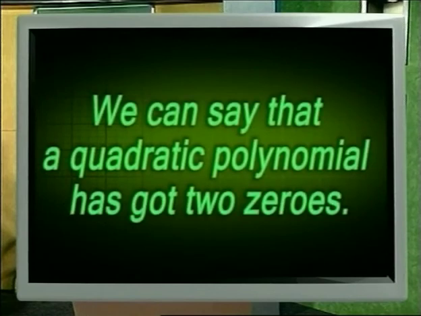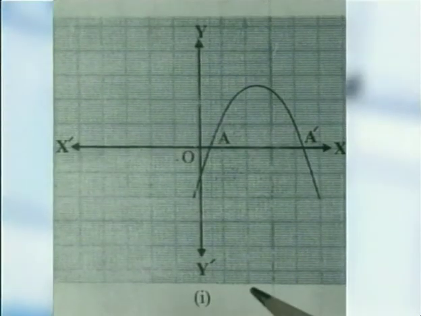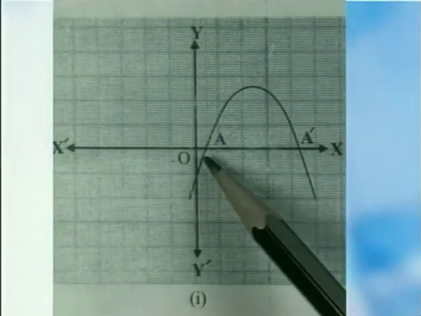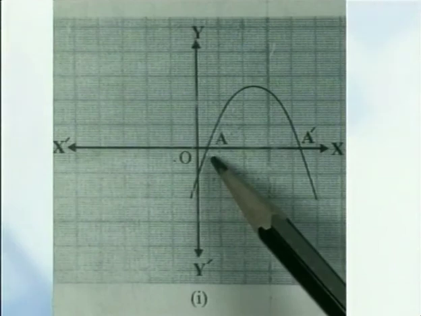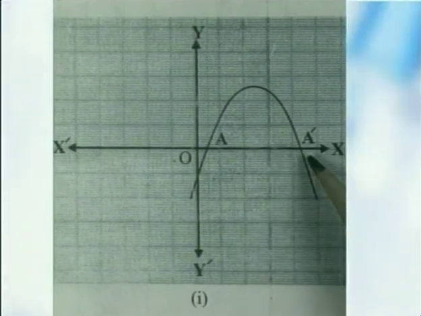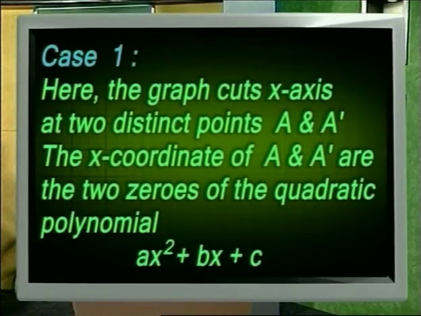Therefore, we can say that the quadratic polynomial can have 2 zeros. Here, the graph cuts the x-axis at 2 points A and A dash. The x-coordinates of A and A dash are the 2 zeros of the quadratic polynomial ax square plus bx plus c.